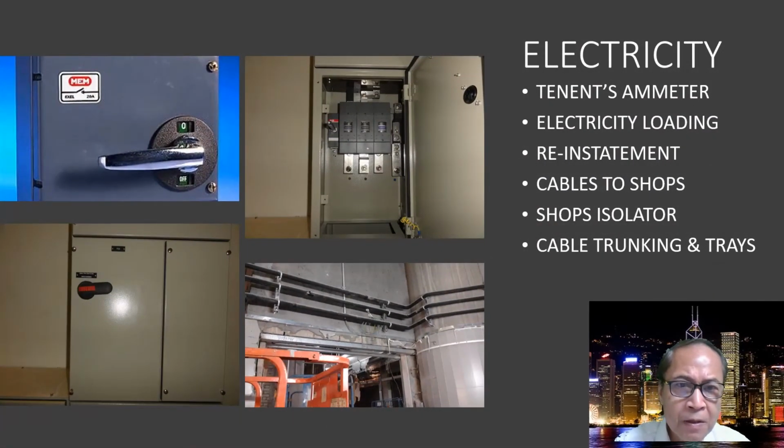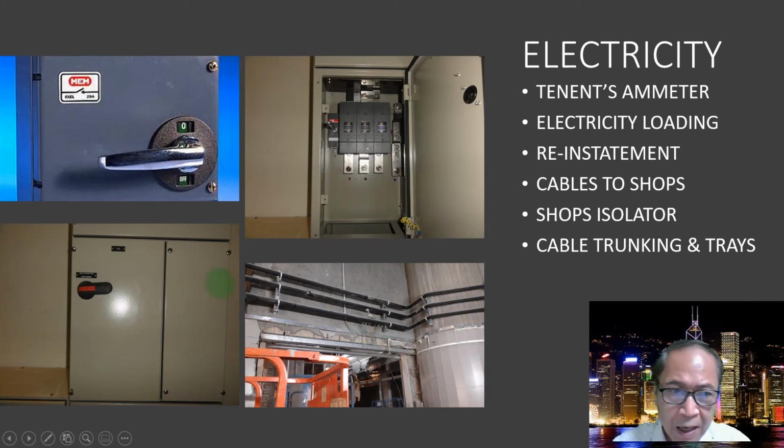Electricity is important. You see, this is the armored cable from the meter room to each individual shop. And this is the isolator, which is provided by the landlord. In each shop, we have an isolator, and we connect the MCB board with this isolator.